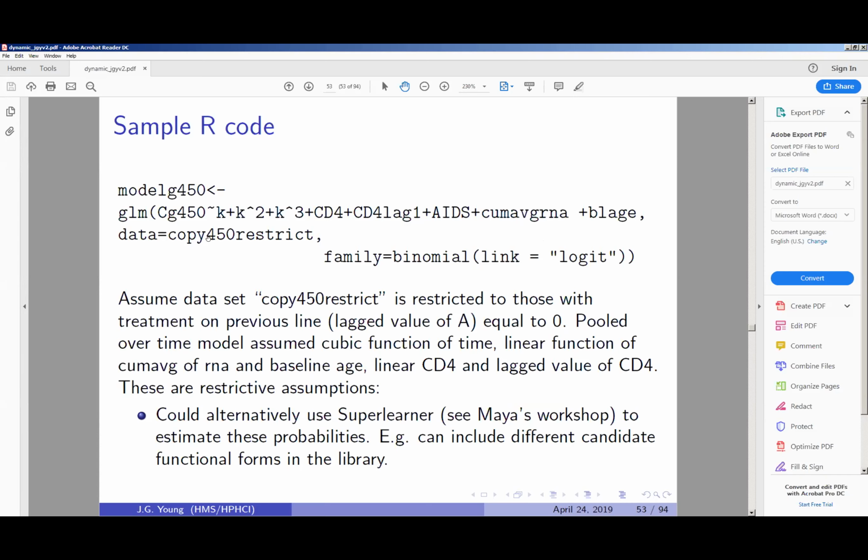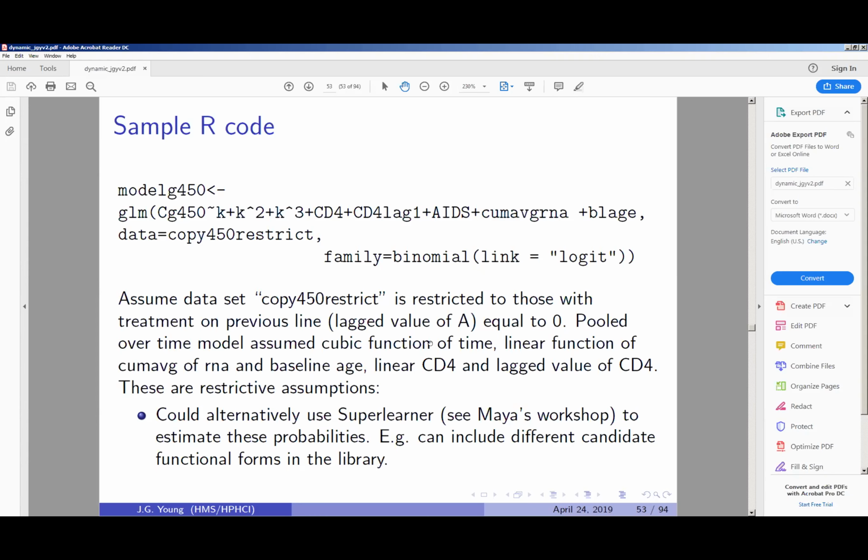And we'll also assume that this data set, which I've called copy 450 restrict, this is the 450 artificially censored copy, is restricted to those records where the lagged value of A is 0, because again, that's where I need to estimate this probability, and I don't have a priori knowledge. And of course, you could alternatively use something like superlearner here.